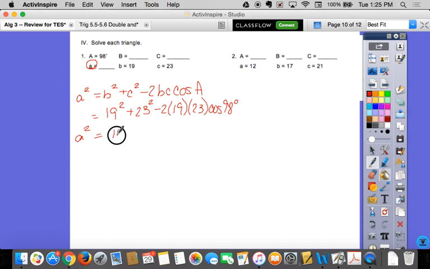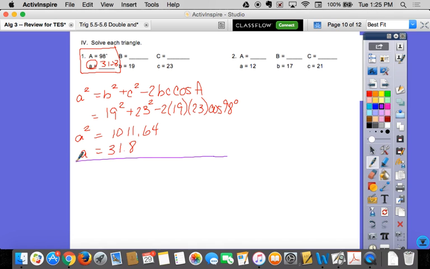When you do that, it's 1011.64. When you take your square root, it's 31.8. So we know little a. Now I have a complete ratio. That allows me to transition into the law of sines if I want to. You don't have to. You can do law of cosines the whole time if you want to.